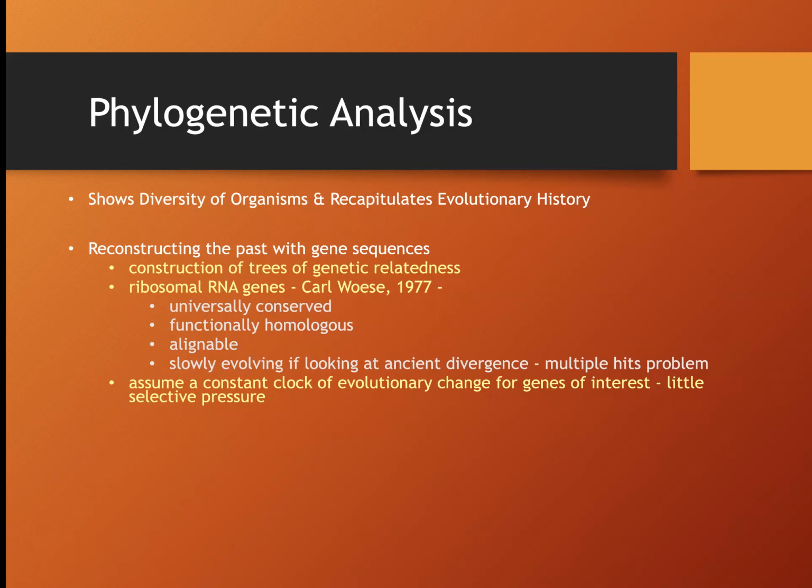So because the ribosomal RNA genes are essential, if you mutate them heavily, and usually mutations are negative, deleterious, bad, then that organism is going to die. So it turns out that the apparent rate of evolution of mutations is quite slow in these. And so it made it a good target. And so we actually assume that it's not under heavy selection as well.